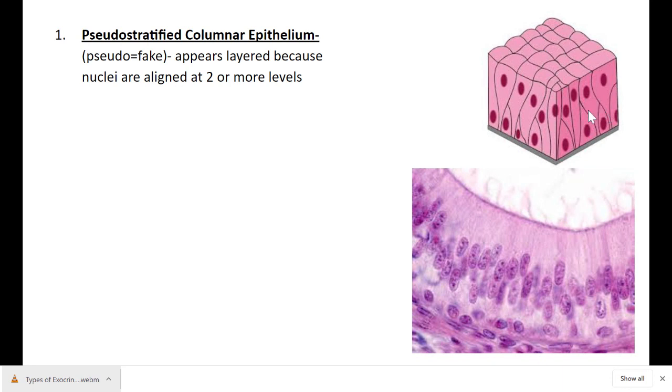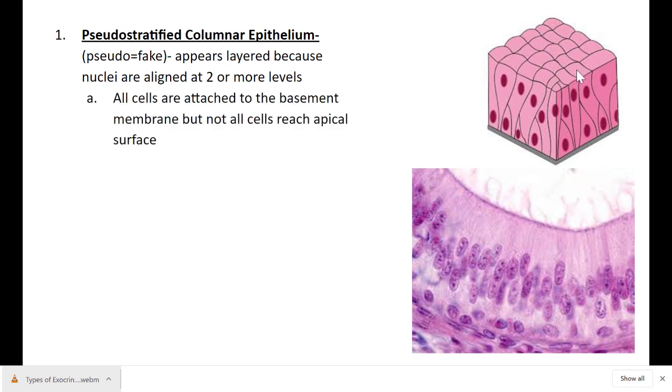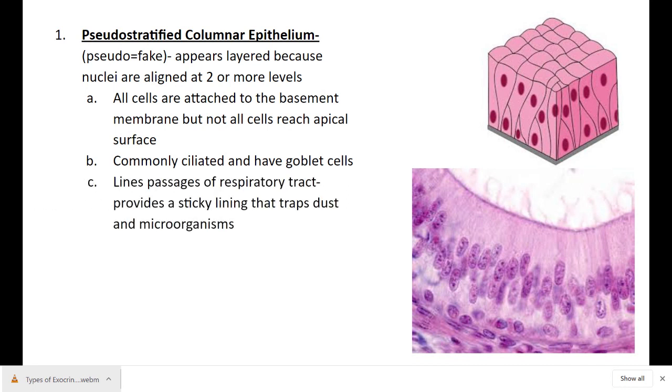You see this one's a little shorter, here's a little shorter. So it looks like there's two or more layers, but they're not all reaching there. A lot of times they're ciliated, meaning they have cilia, and they will have goblet cells secreting mucus.